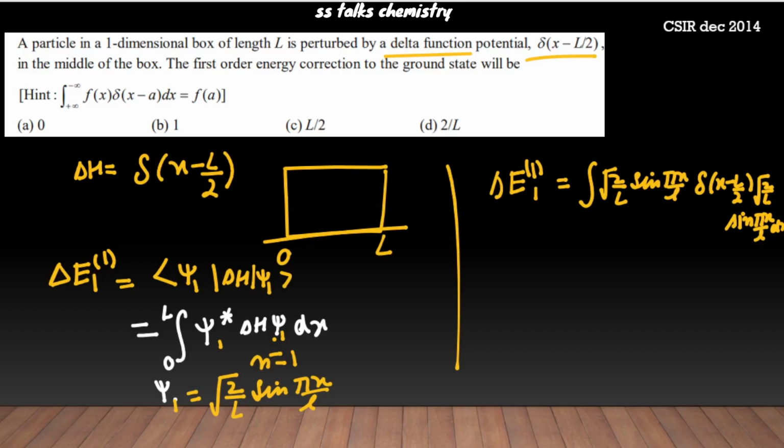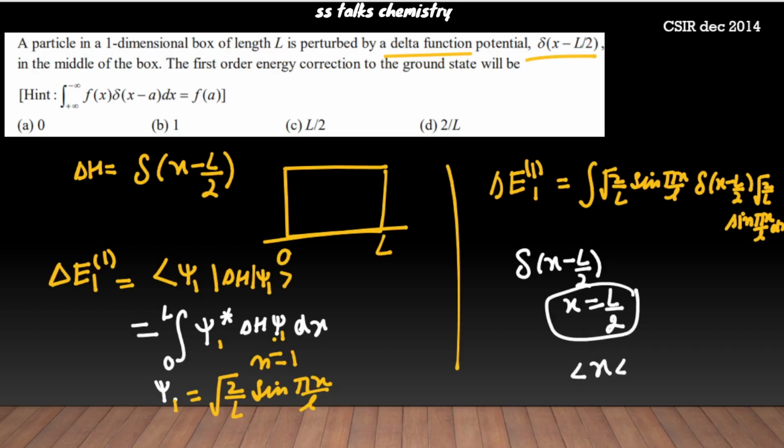Now in the form of Dirac delta functions, here this x value is equal to L by 2. So this x value is L by 2, and it lies in the range of 0 to L only, right?